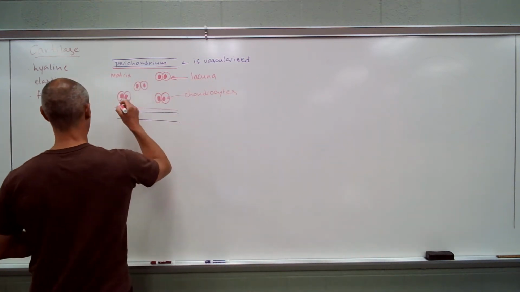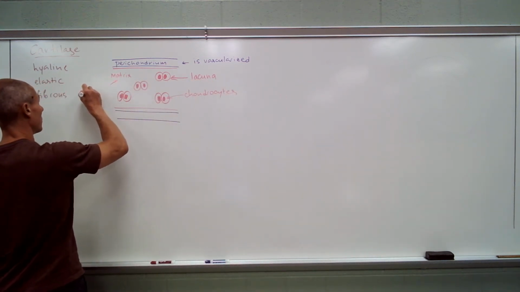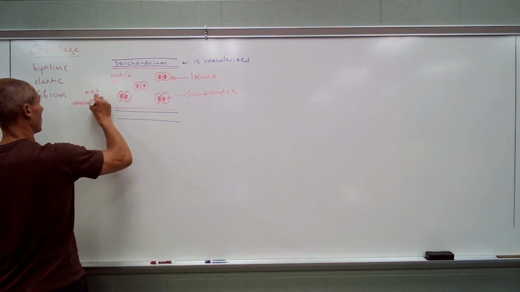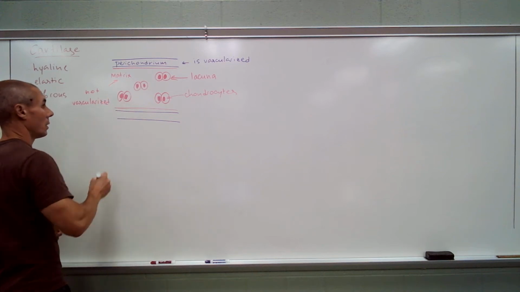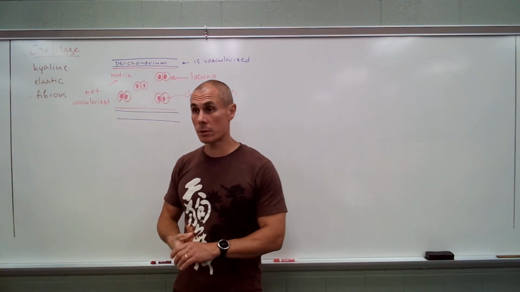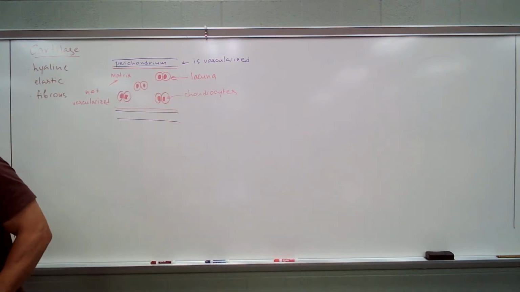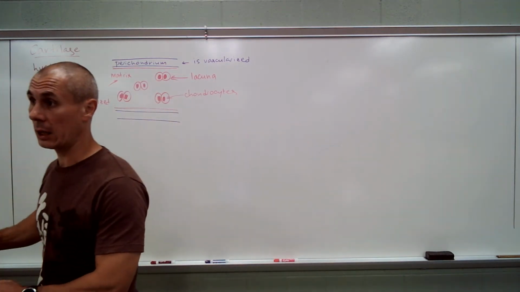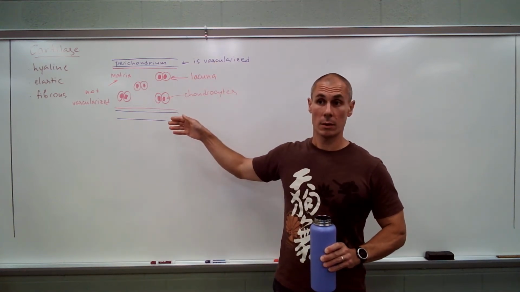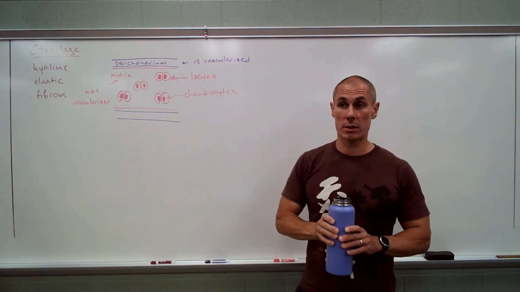Matrix is not vascularized. And that explains one of the clinical features of cartilage. Cartilage does not like to regrow because it is so poorly vascularized. It takes a lot of time for it to repair.